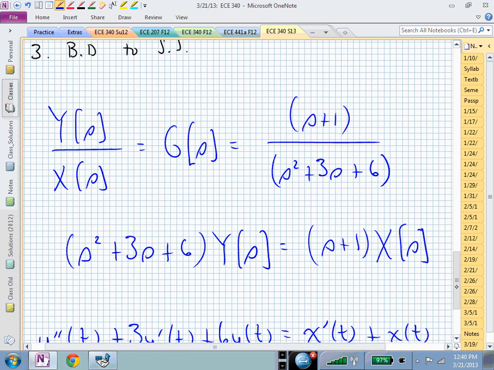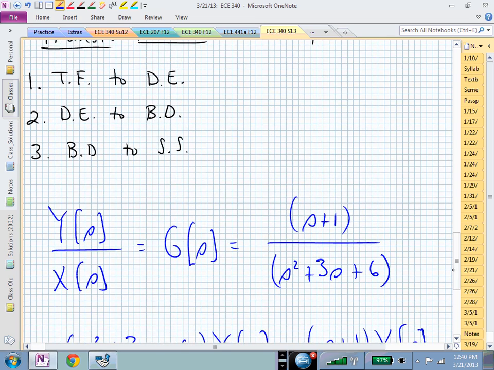And that's now our first step. I'm actually going to relabel these. Maybe I should say this was A, B, and C, because I'm going to call this first step the transfer function to DE.